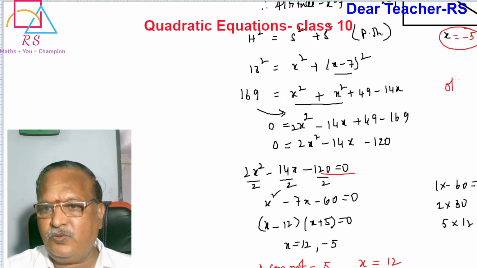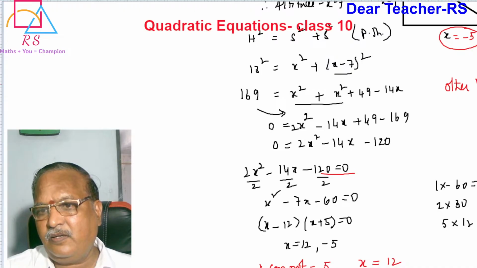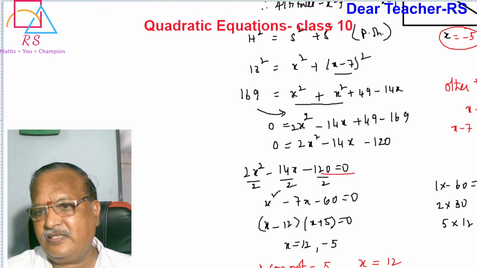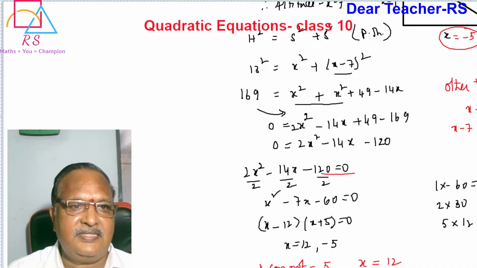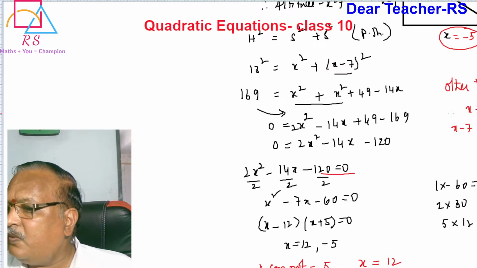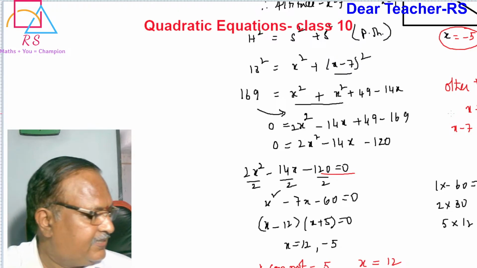So the other two sides are, one is x equal to 12 centimeters and the other one is x minus 7. So 12 minus 7 which is equal to 5 centimeters. So now this is the question. So now exercise 2 is done.